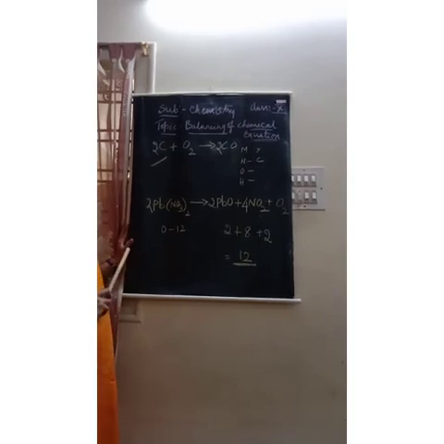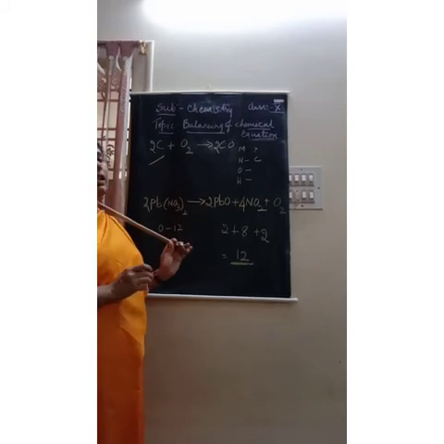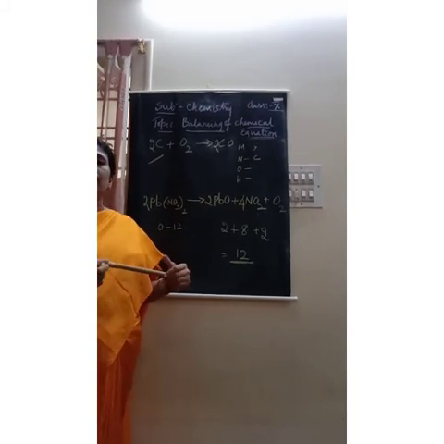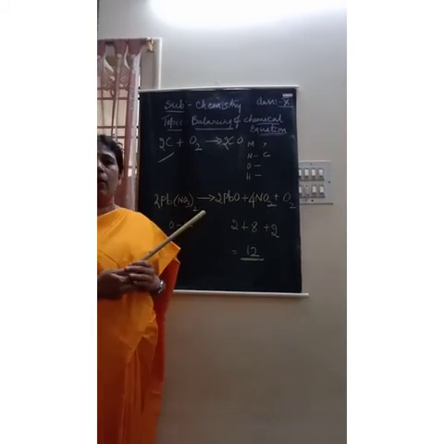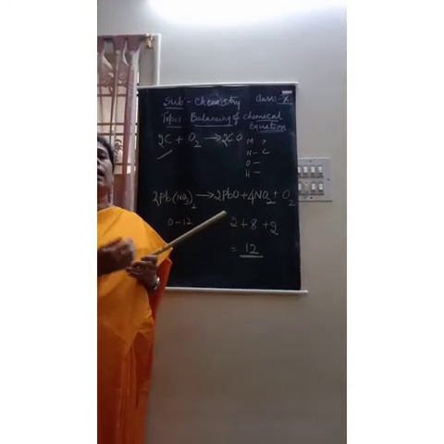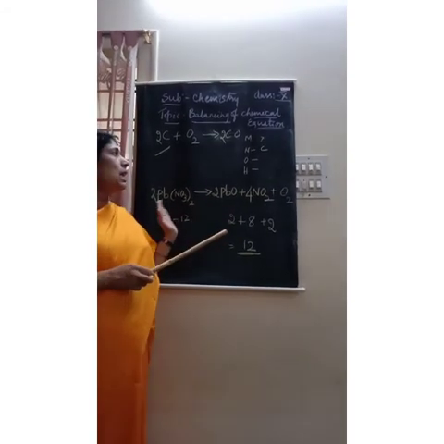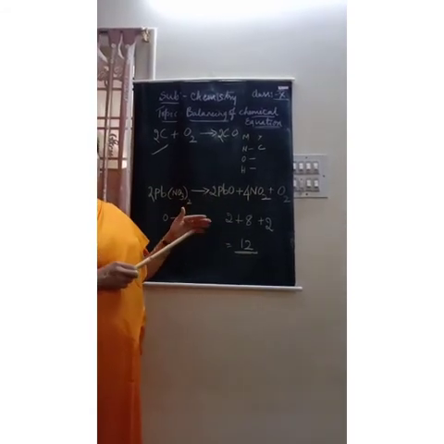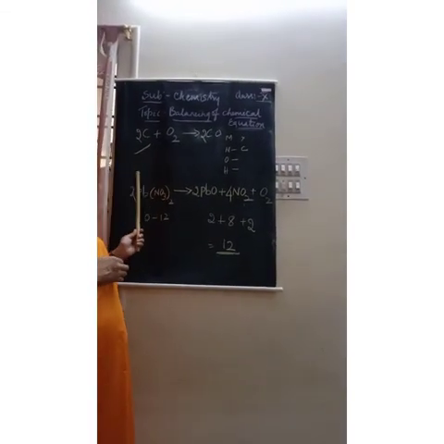I hope you understand, children. I would like to recall once again. So, balancing of chemical equation. Why do we have to balance the chemical equation? To maintain the law of conservation of mass, children. What is balancing an equation? The total number of atoms present in the reactant side must be equal to the product side. So two methods I have shown, children.